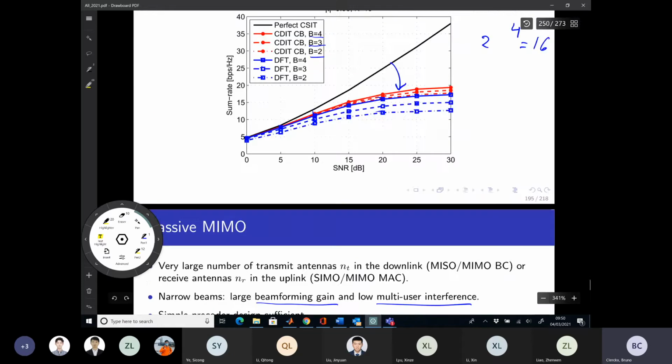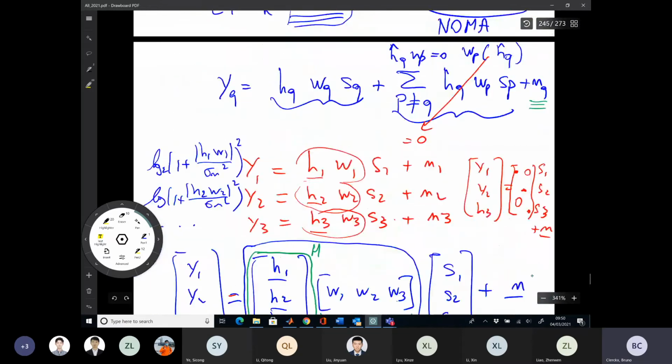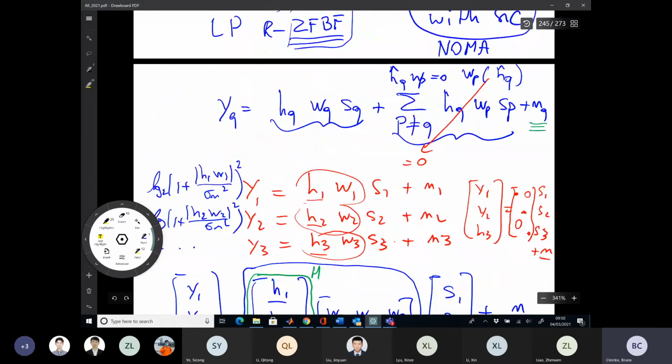If I choose WP equal to HP Hermitian, then HP Hermitian multiplied by HQ is not necessarily equal to 0, right? So just doing maximum ratio transmission is not a good strategy.